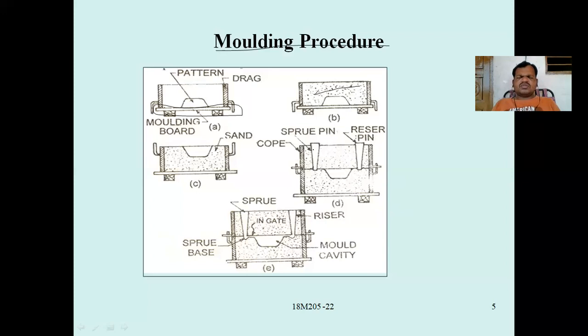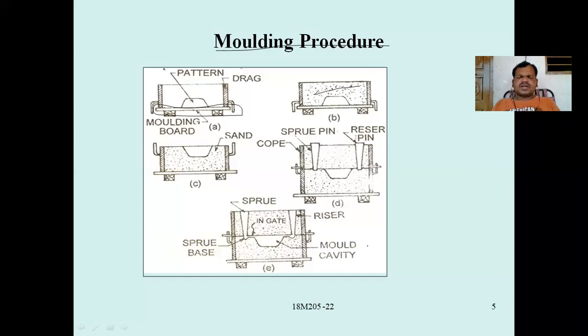Okay, when we are pouring the molten material into the mold cavity, after it is completely filled with molten material, the excess material escapes from the riser. So when it is escaping from the riser, we can simply identify that the complete pattern is filled with molten material. We can identify easily. So after completion of that filling, we can easily stop pouring the material.